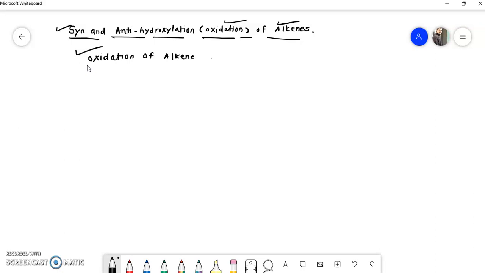So what is oxidation? Oxidation is nothing but addition of oxygen. So addition of oxygen to alkenes can be called oxidation of alkenes.